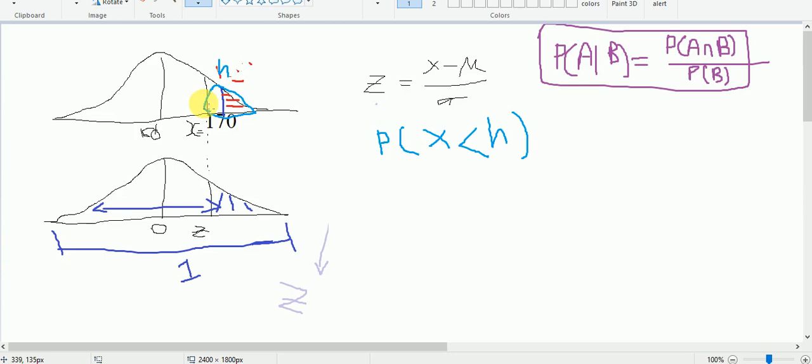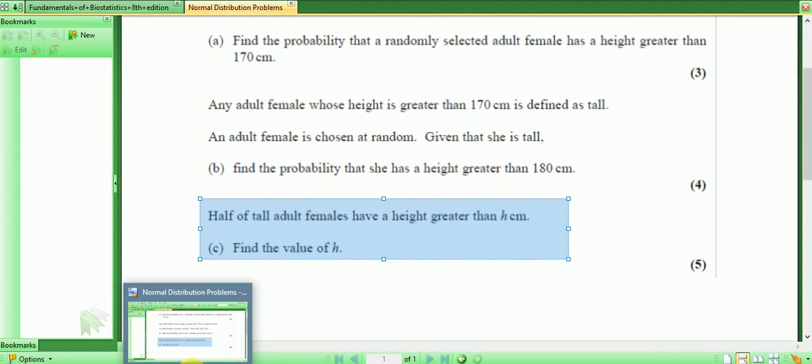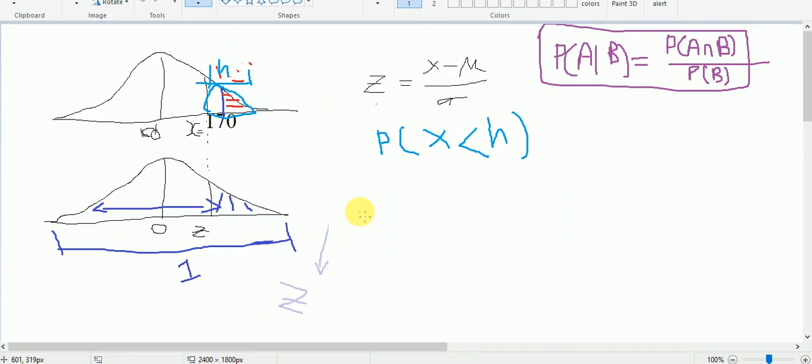So basically this H is dividing this portion in two equal halves, because half of the tall adult females have a height greater than H. That means half of the tall females will have height less than H as well. So I am just interested in finding the probability x less than H, and that will be this value, right? So I'll write 1 minus, so this half has to be added.